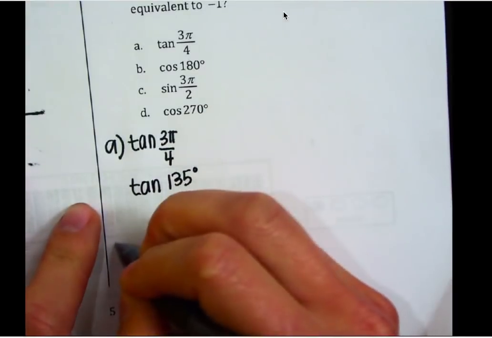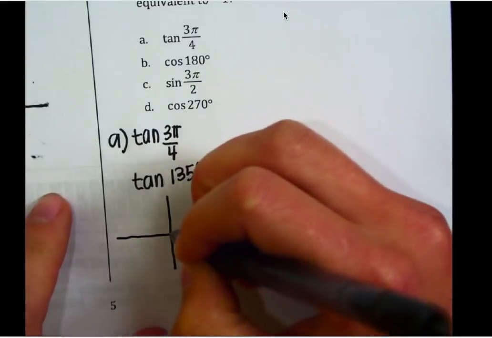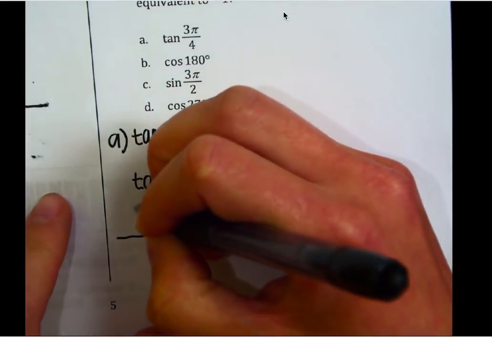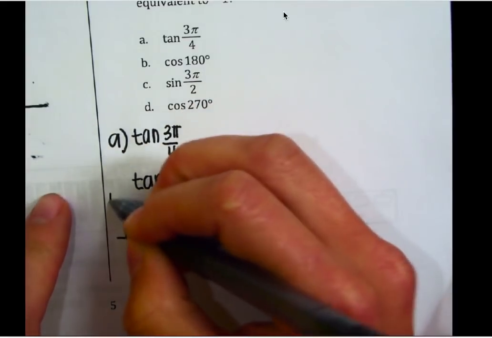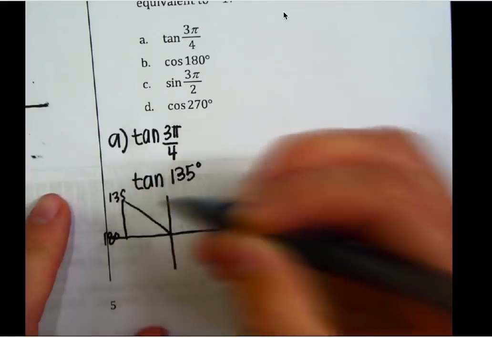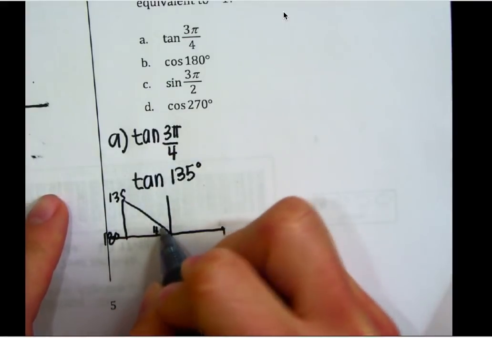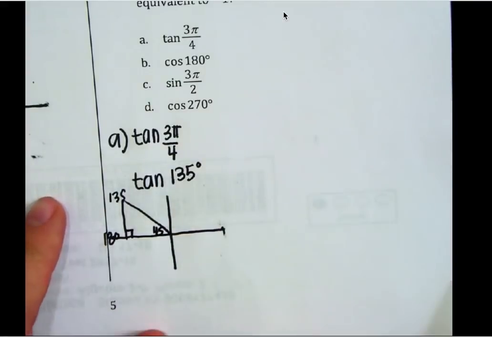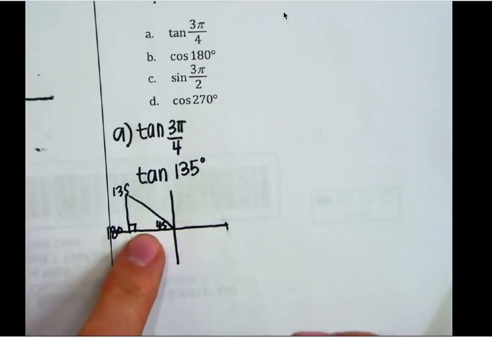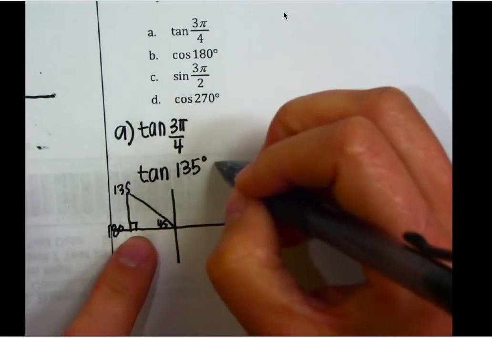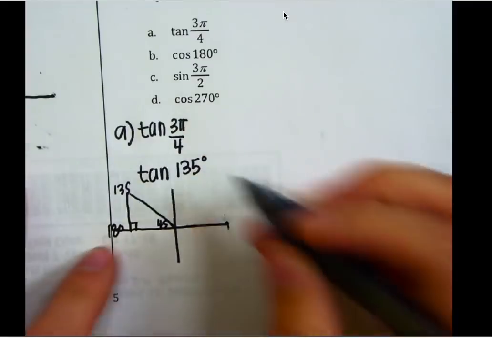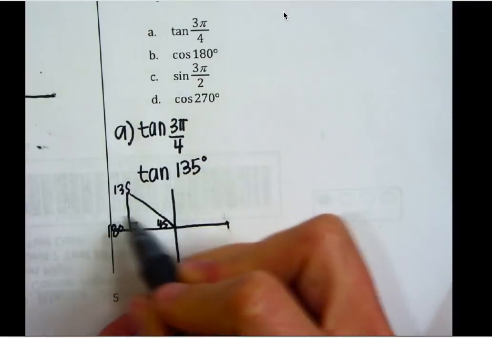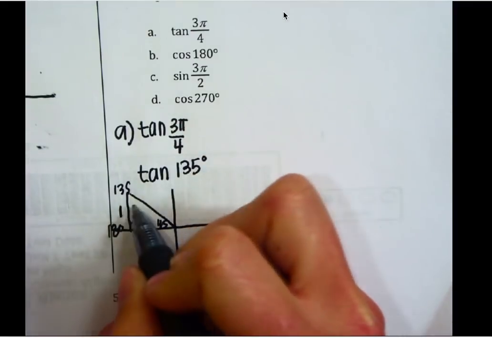I'm again going to plot 135 degrees here in the second quadrant. This is 180, which is going to give me that 45 degree reference angle, the 45, 45, 90 triangle. Tangent, I know, means opposite over adjacent. So opposite of the 45 degree is 1.